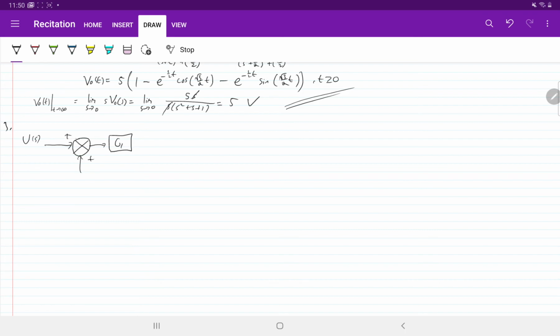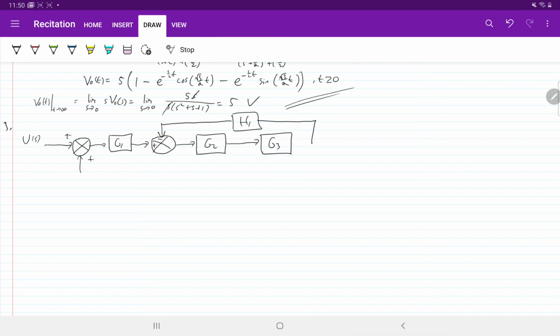G1 can be any transfer function, plus minus. This is G2. This is G3. You have H1, so that connects to this, and then this is the output Y of s. So this should be capital Y.